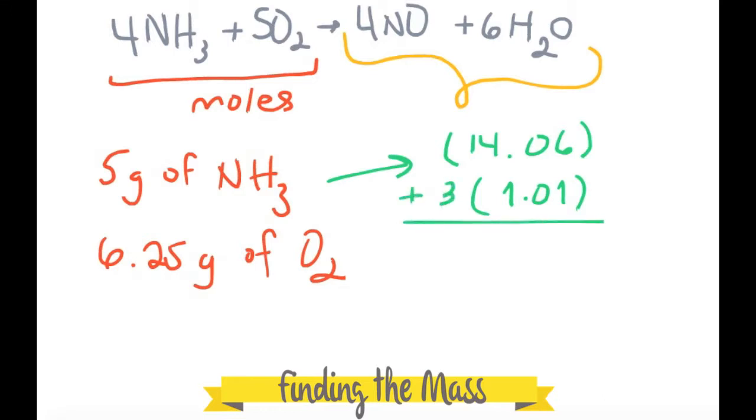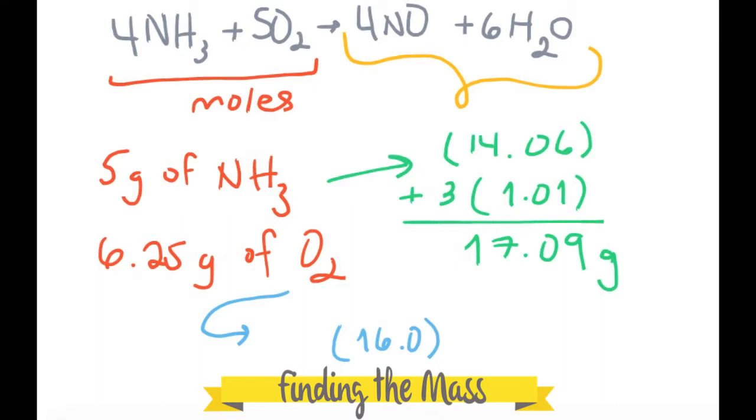Therefore, this all adds up to 17.09 grams. We can now do the same with oxygen. The atomic mass of oxygen is 16.0. And since we have 2, we now have 32 grams of oxygen gas.